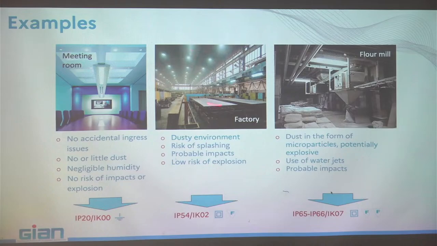Low risk of explosion in that factory, where it is advised to use IP54, IK2 to resist some kinds of shocks. And it is better to have class 2 insulated luminaires, because you may have water coming in, and the luminaire is not really protected against water splashing from behind.